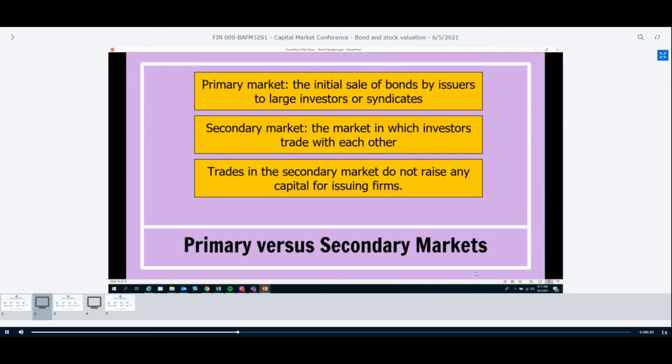Trades in the secondary market do not raise any capital for issuing firms. Because in the secondary market, it's really a trade of interest na lang, no? A trade of gains or losses, in terms of the market price.